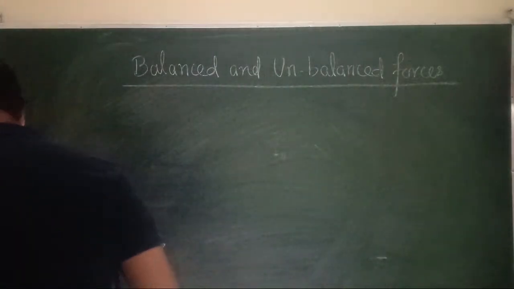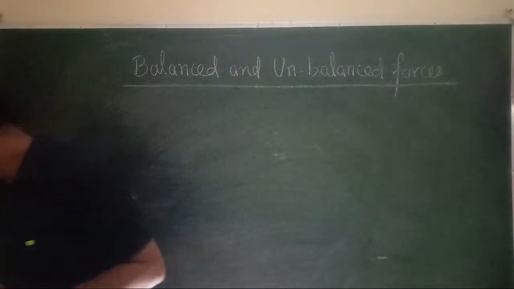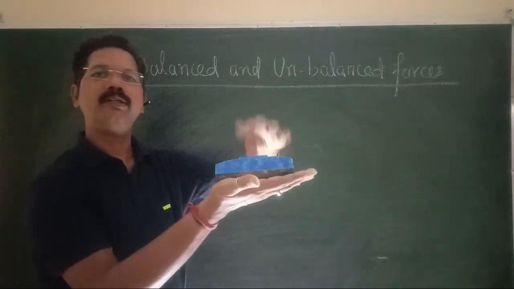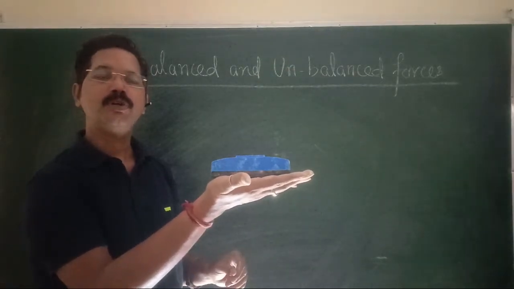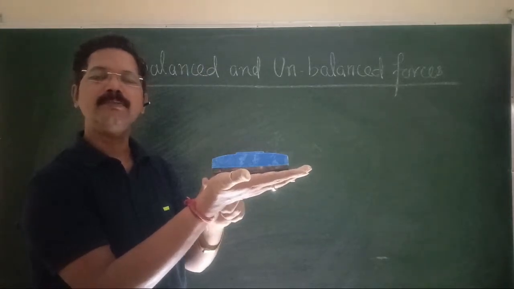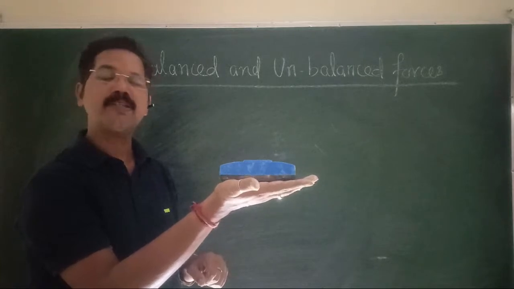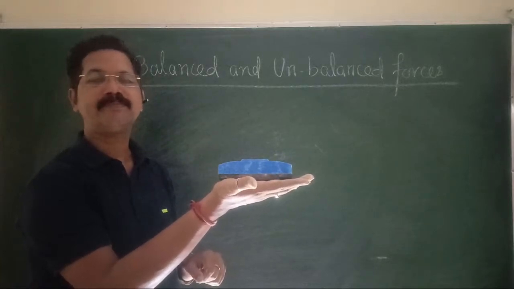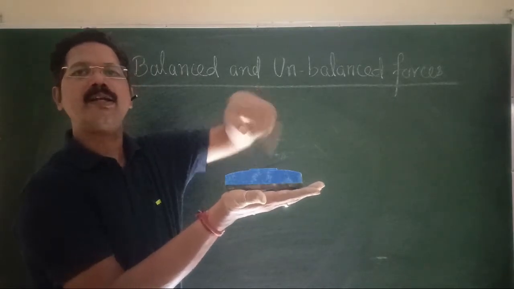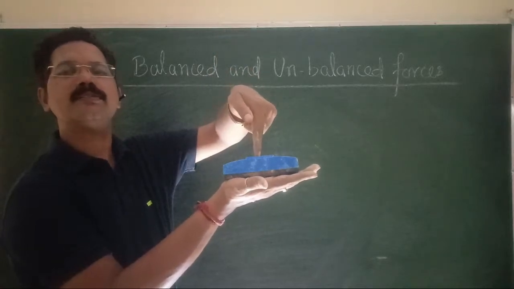I discussed with you that this is my hand. I put a duster here. So mg force is applied by this duster on my hand, basically towards the center of gravity, and the normal reaction acts at a right angle to the duster.